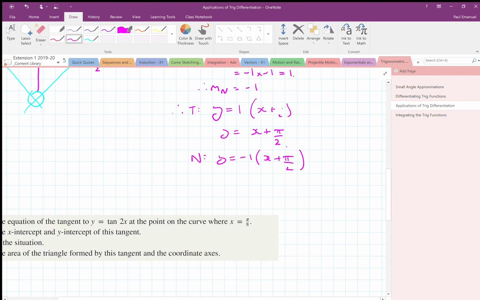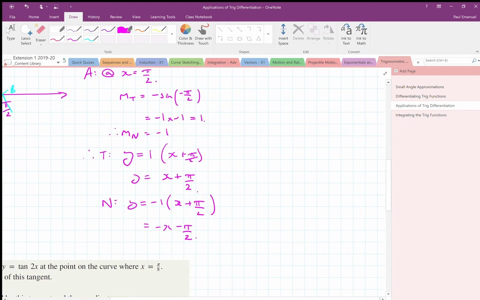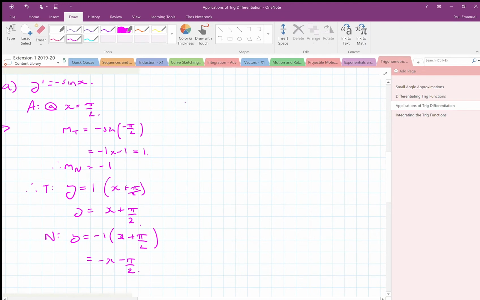I didn't leave myself enough room. That's okay. So there is the tangent and the normal. And then we could just do B in the same way. So the gradient of the tangent is minus 1 times sine positive pi over 2, and that's minus 1.